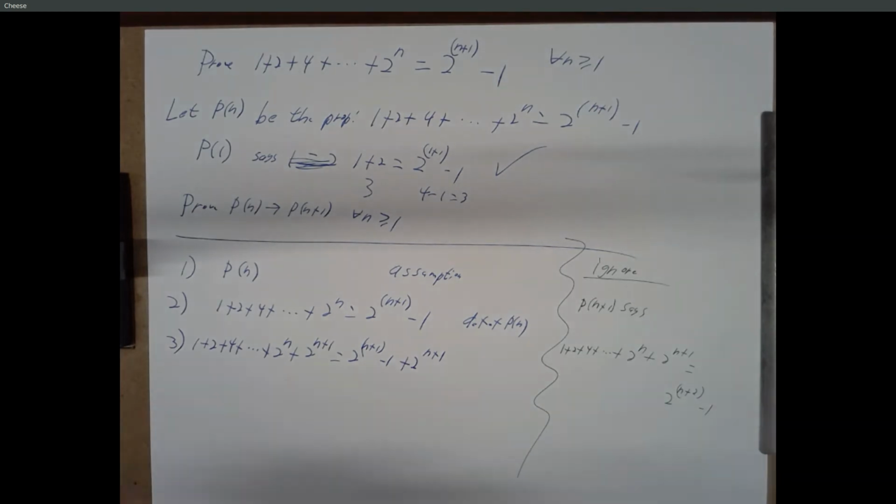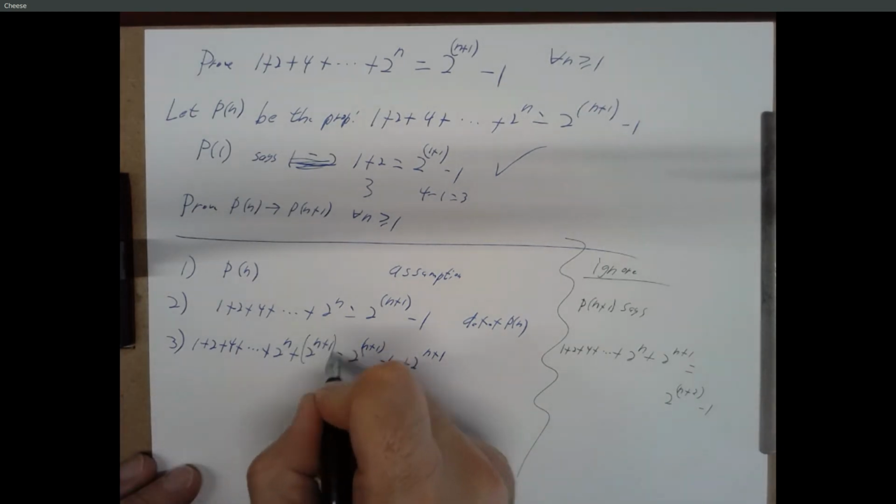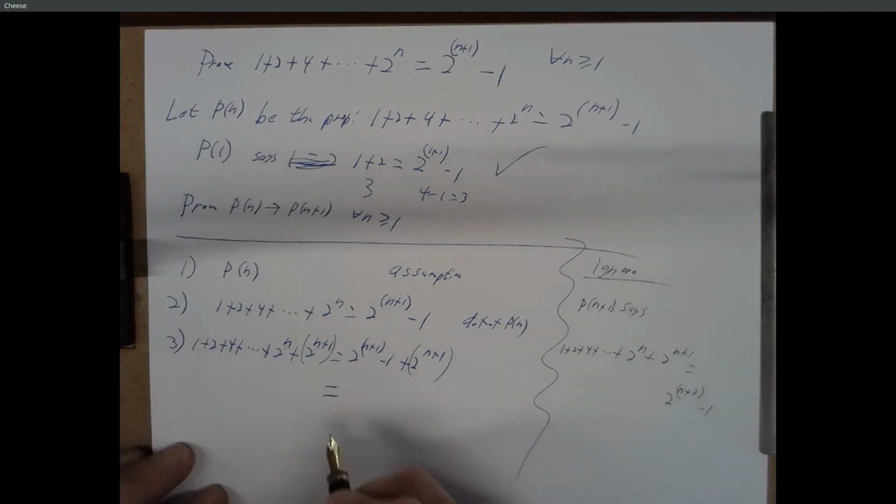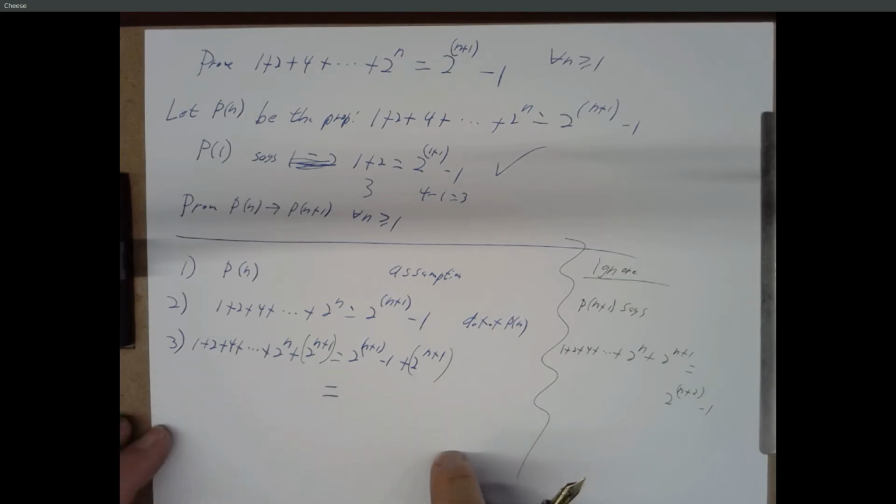All right, and this is absolutely an equality because all I've done is add this one term to both sides. But how can I simplify this right-hand side further? You say 2 times 2 to the n plus 1.